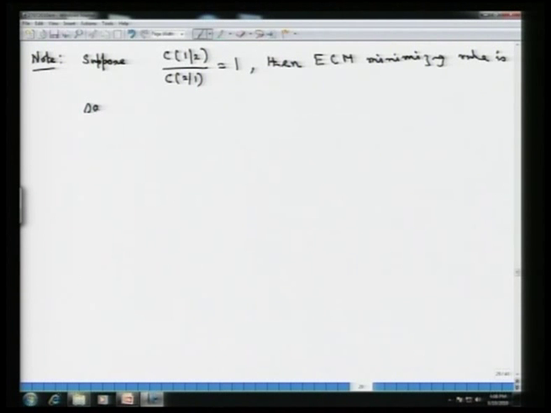Suppose we have this ratio C1 given 2 by C2 given 1 equal to 1, then this ECM minimizing rule is the same as that of the TPM minimizing rule.